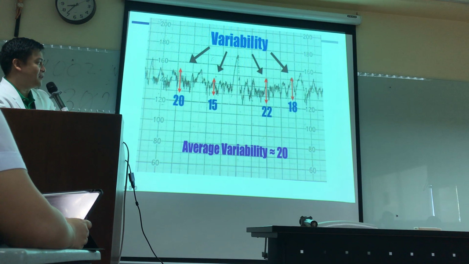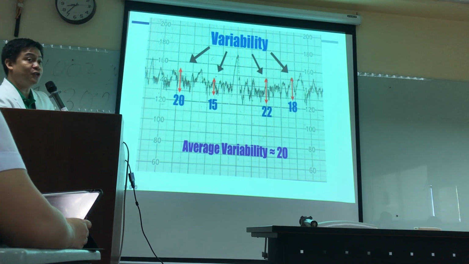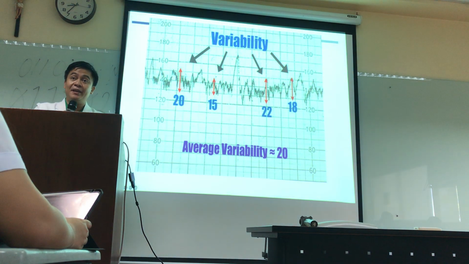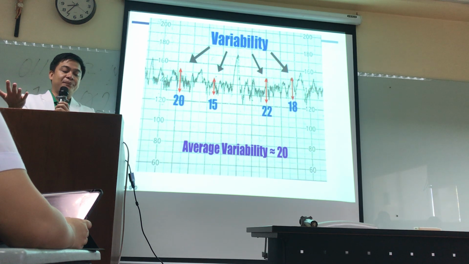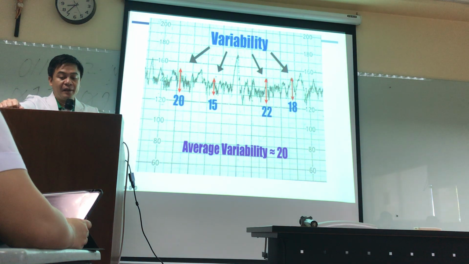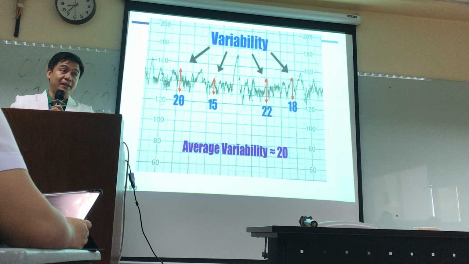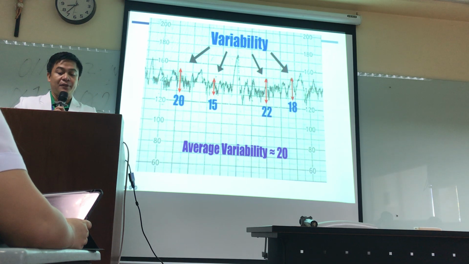Okay? So, either it's 20, 15, 22 to 18, but the average variability is usually 20 beats. No? So, what does your variability tell you? Anong ibig sabihin, kasi gusto natin, ideally, is to have a moderate variability, or normal variability. What does it tell you?